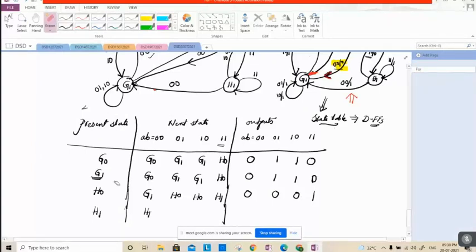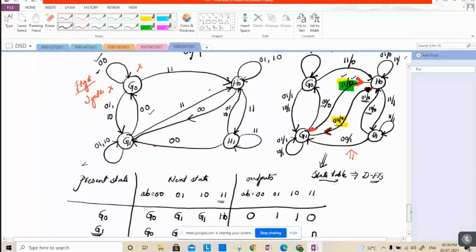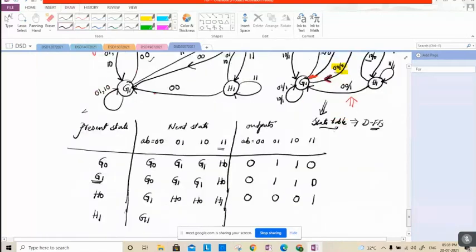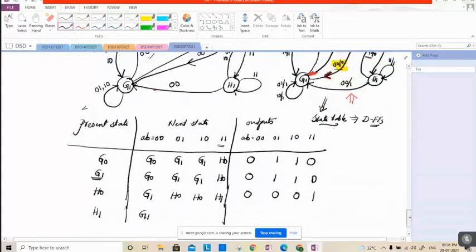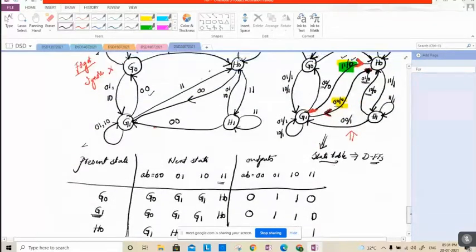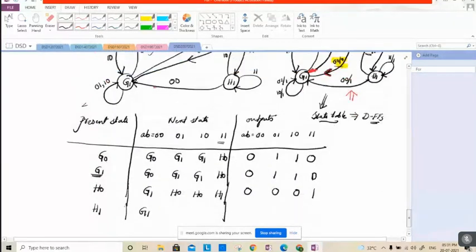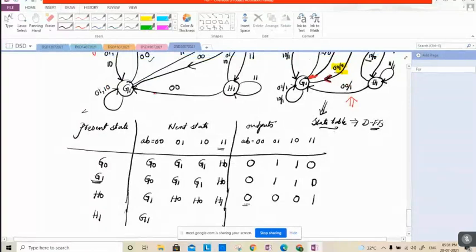Okay. This is G1, 1 or 0? 1. Let's just tell me, the third case is 1 0 0 1, right?